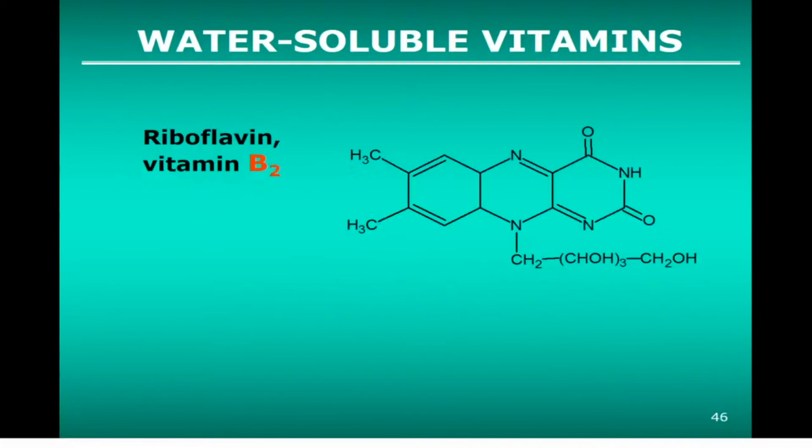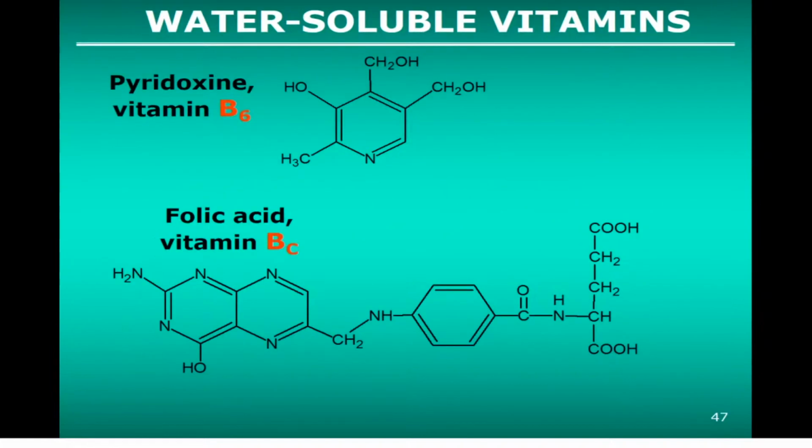Vitamin B2, riboflavin, has a condensed cycle. As you see here, there are two different nitrogen-containing rings, and this is an aromatic compound. One of the symptoms of vitamin B2 deficiency, which is quite interesting, is night blindness. That's why some students think night blindness is only vitamin A deficiency, but it's not only.